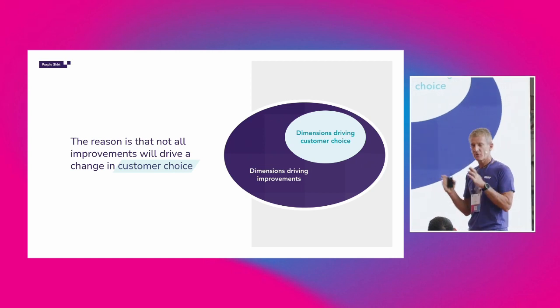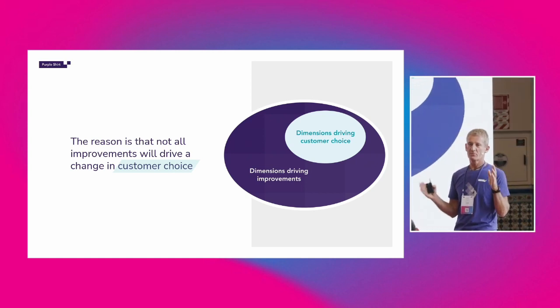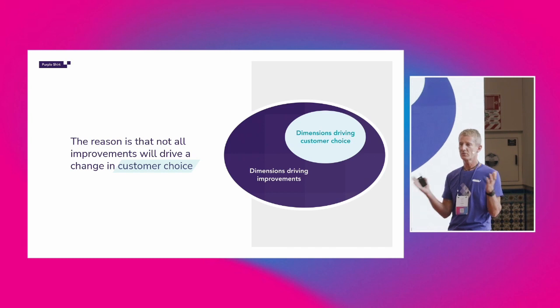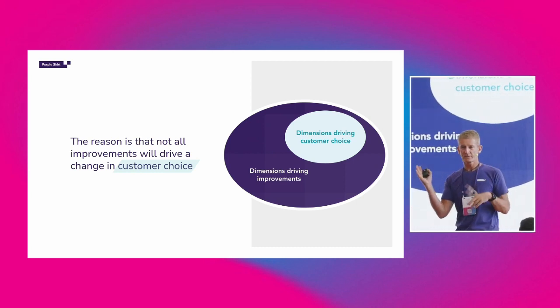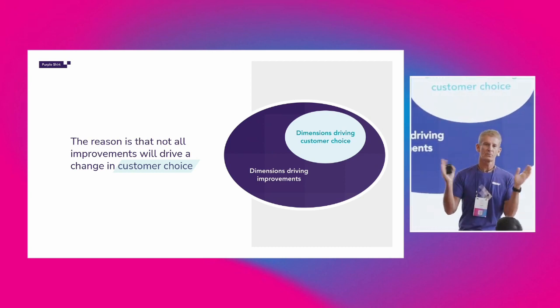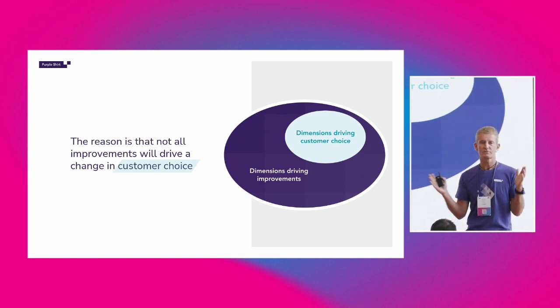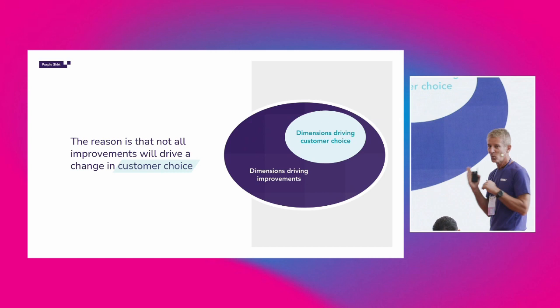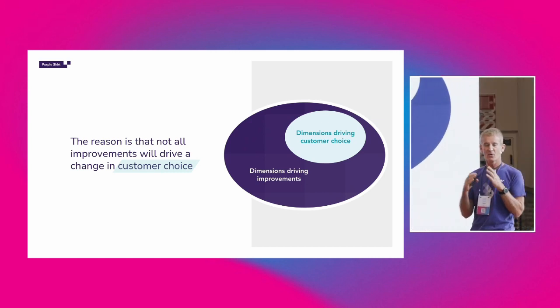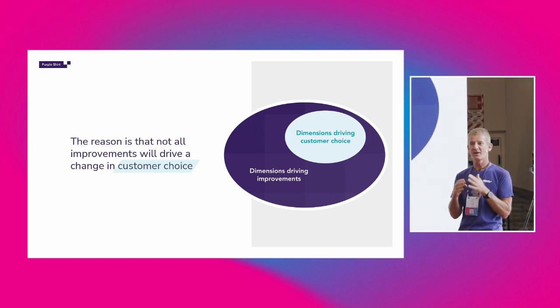So there are lots of dimensions around which you can improve something, and you guys will all be very familiar with that. Whatever it is, you can make things smaller, faster, cheaper, lighter. There are loads and loads of dimensions around which you can make something better. But I would argue that all improvement dimensions are not equal.